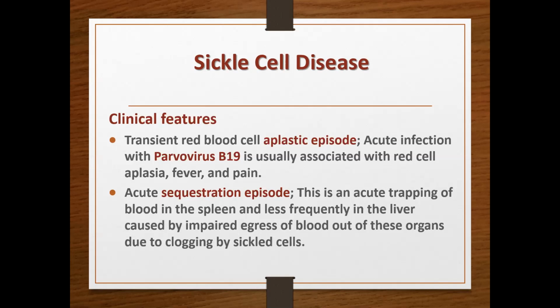This will lead to enlargement of this organ and cardiovascular collapse. In patients with sickle cell disease, the spleen usually disappears after the age of 5 years because of autosplenectomy secondary to repeated infarction of it. That's why this episode only presents in younger children with palpable liver and spleen.